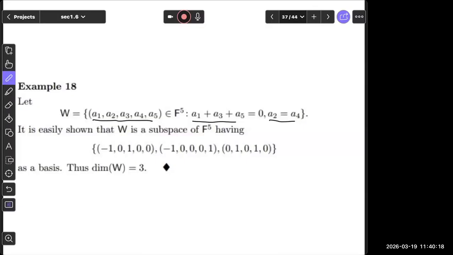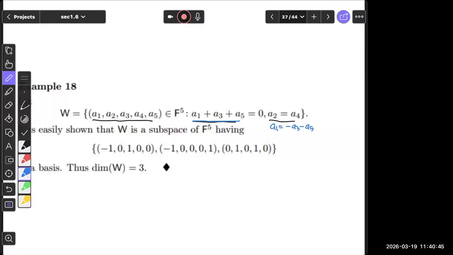Why is it so? A1 plus A3 plus A5 is 0, and A2 is A4. So that means A1 will be negative A3, negative A5.